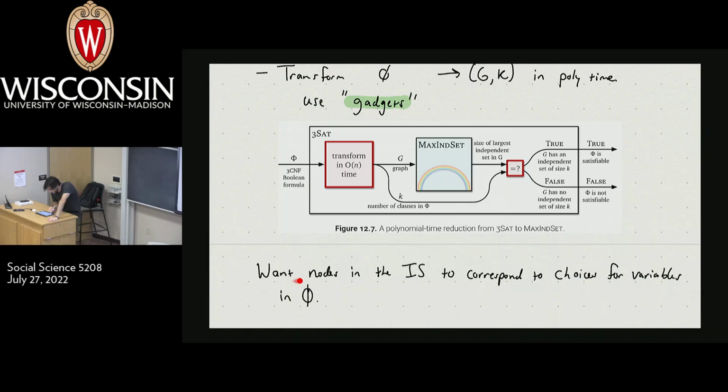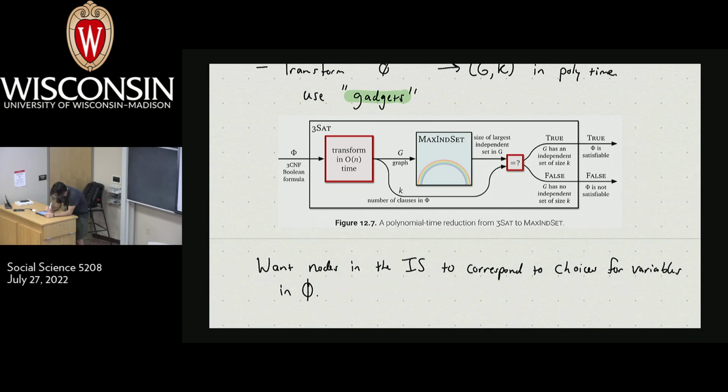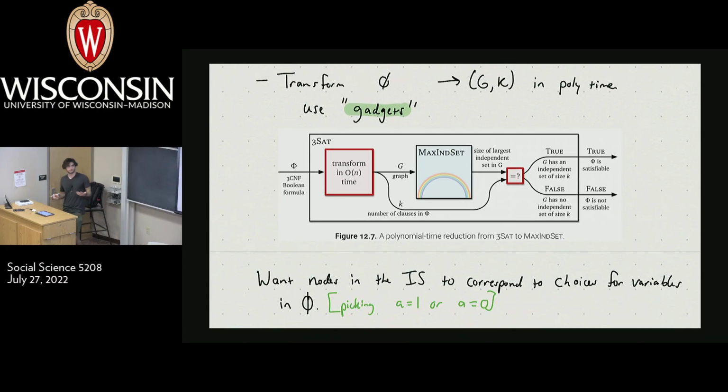So essentially, we want nodes in the independent set to correspond to choices for the variables, and we want the independent set to choose for us whether something is 0 or 1, say a equals 1 or a equals 0. We need to find a way to solve 3SAT using independent set as a black box.